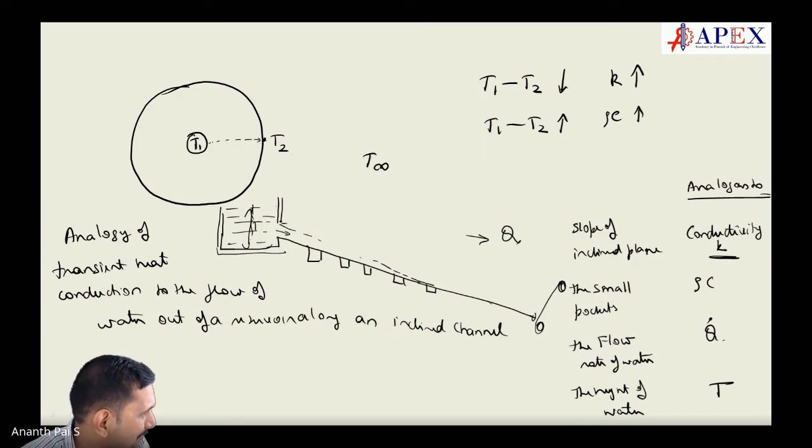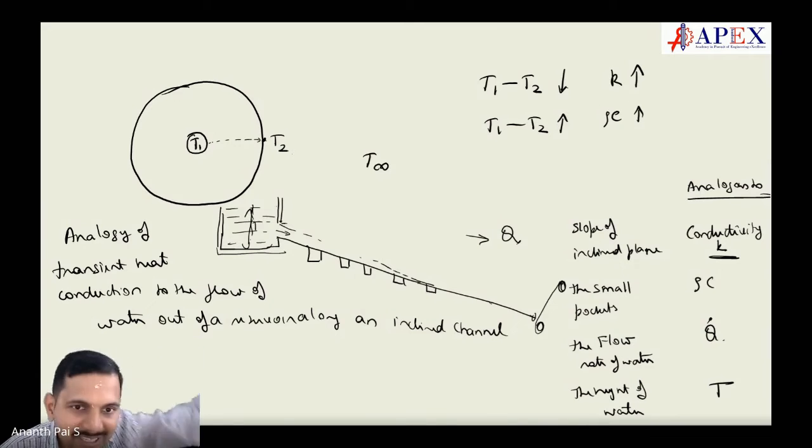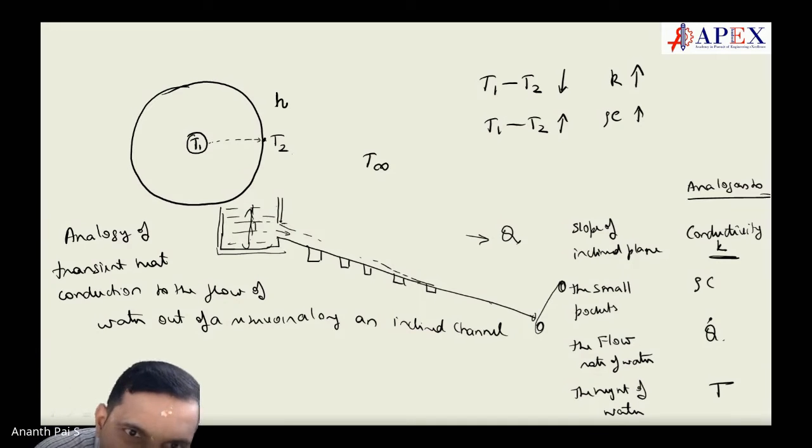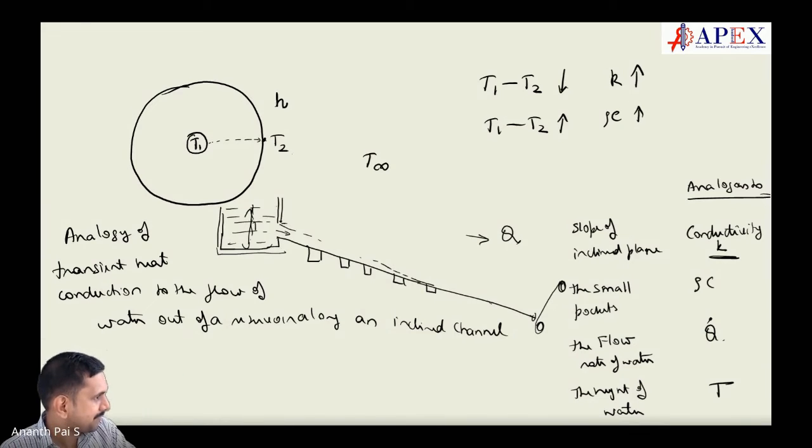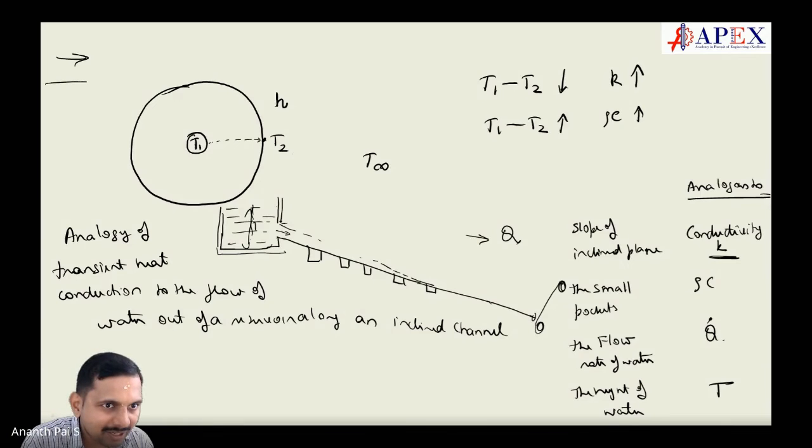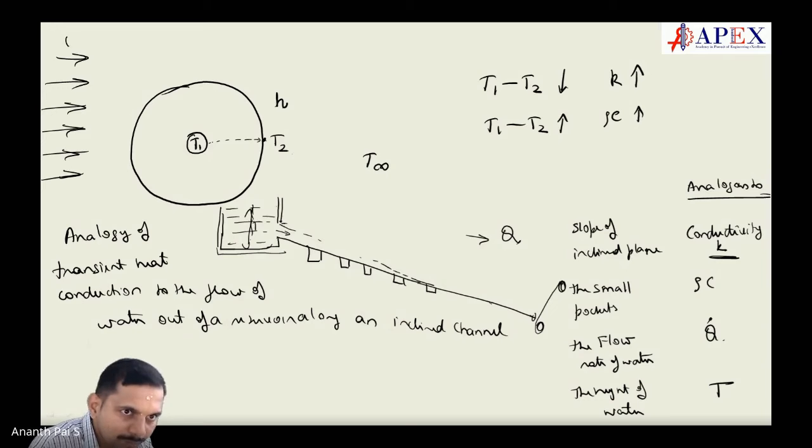Getting the point? Now, if this conveyor belt is carrying the water away, that analogy is the H analogy. The fluid which is coming here with some velocity u and temperature T infinity is the conveyor belt. Make sense?